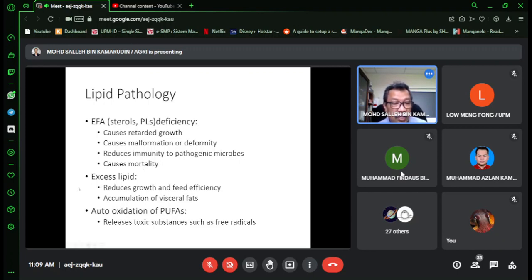All right. But having too little is a problem. Having too much lipid in the diet also causes problems. Mainly it reduces the growth and also the feed efficiency, meaning they eat more but grow little. At the same time, there is accumulation of visceral fat. This is bad.